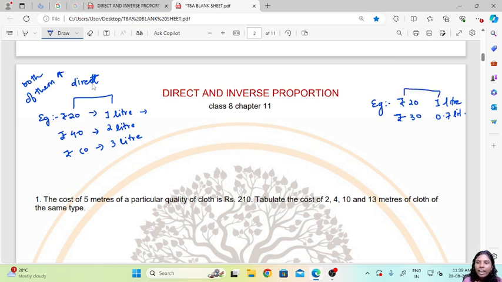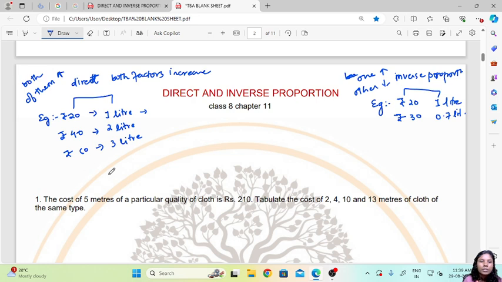One factor is increasing and one factor is reducing. So this is an example of inverse proportion. In direct proportion both factors increase, correct? In inverse proportion one increases, the other decreases. Understood the difference between direct and inverse proportion?